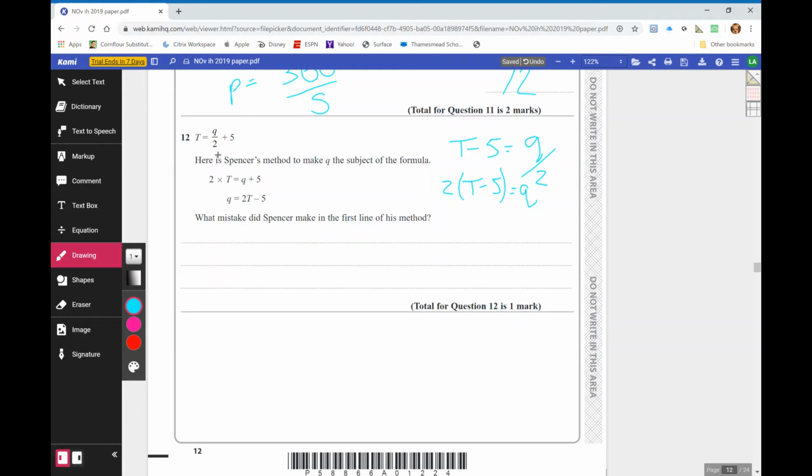Because this part here is only the division by 2, this hasn't been divided by 2.